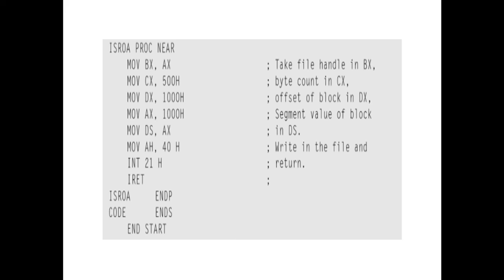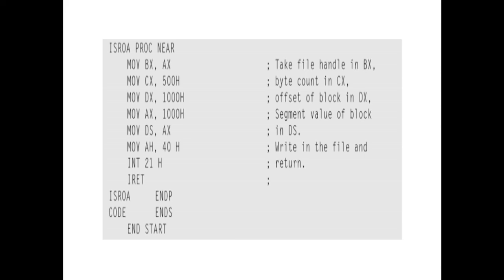Here BX is loaded with the file pointer, that is MOV BX, AX. So take the file handle in BX, then MOV CX, 500H. We are setting the count variable because we have to write 500H bytes of data into the file.